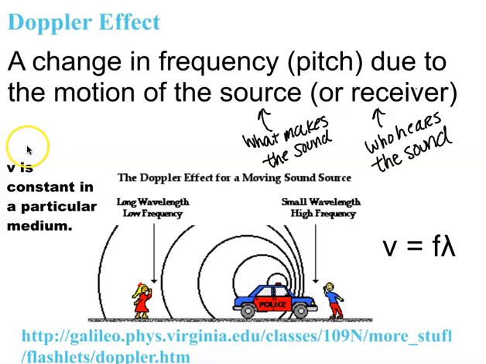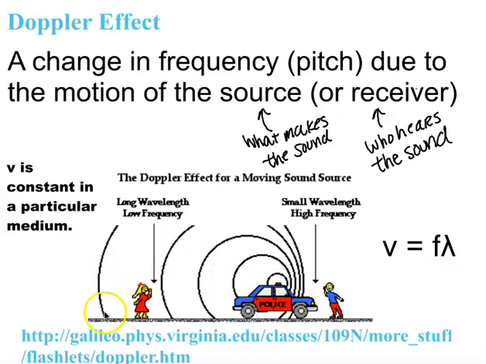Now, if we think back to our facts that we know about sound, remember the speed of sound in a given medium at a specific temperature is going to be constant. And so if the speed of sound is constant, then let's look here at this image. If we think back to our wave speed equation, the speed of sound will equal the frequency of that sound times the wavelength of that sound wave.